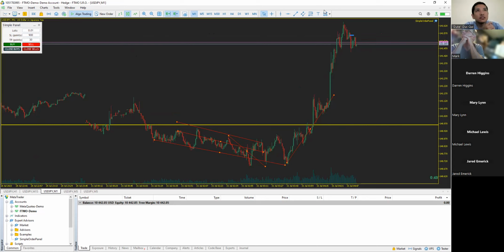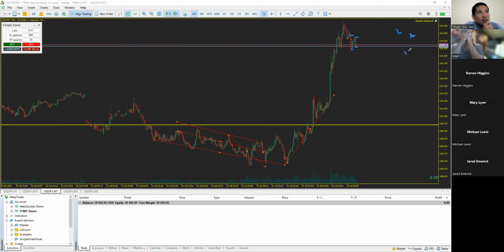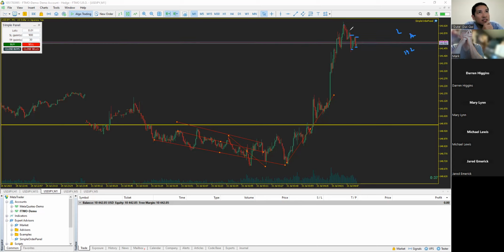But you see here, it's very much a wedge right now, which was a lower high and a higher low. It's undecided. Is the market going to pop here or pop here? I don't know yet. I'm going to let it decide once it closes.